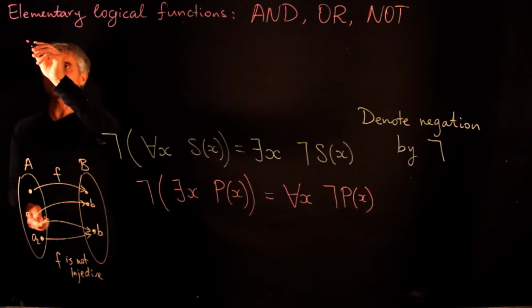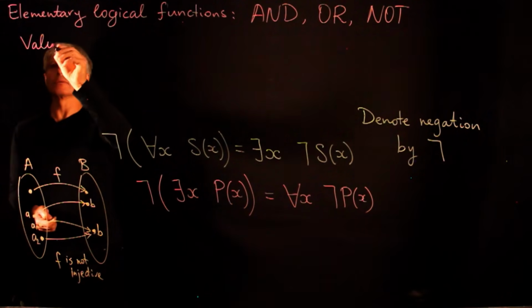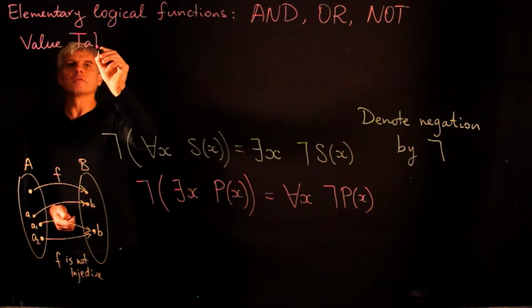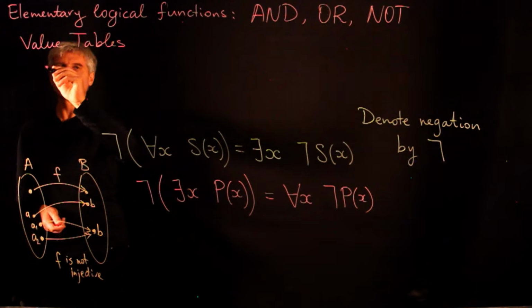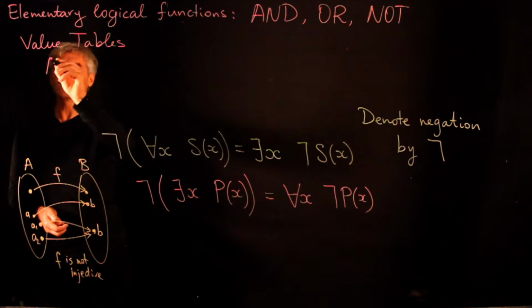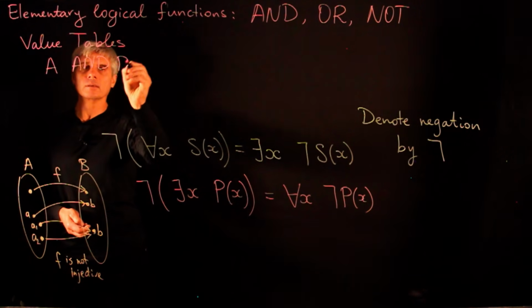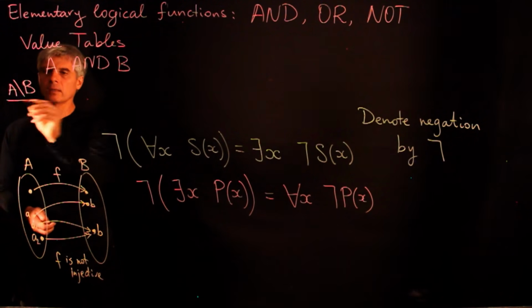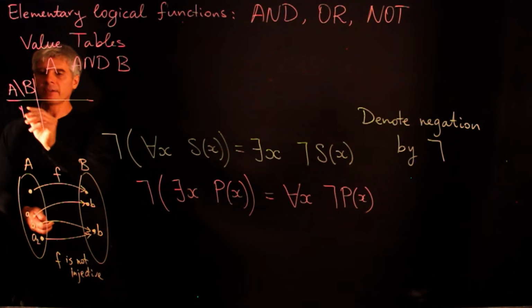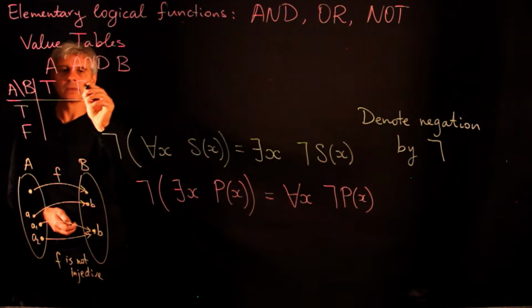And let us write down what the value tables are for these functions. So for the function and, if we have A and B, we could have A be true or false, and B be true or false.